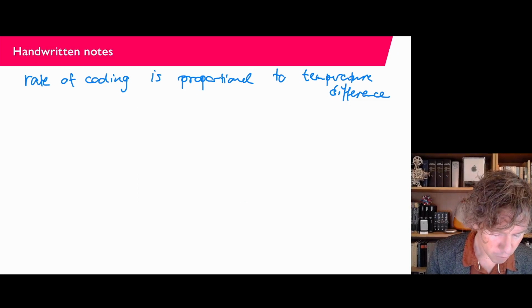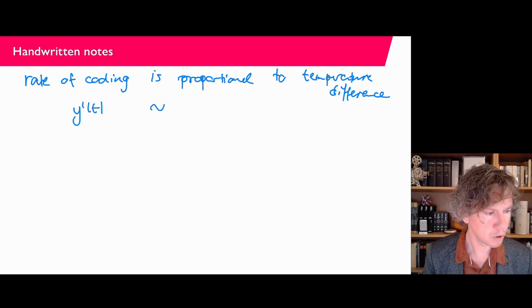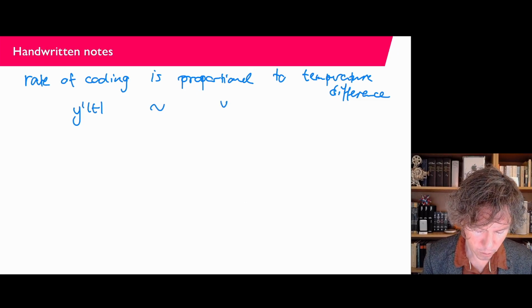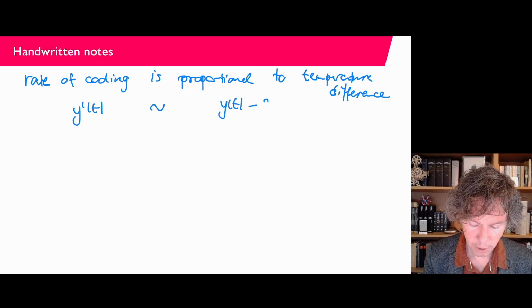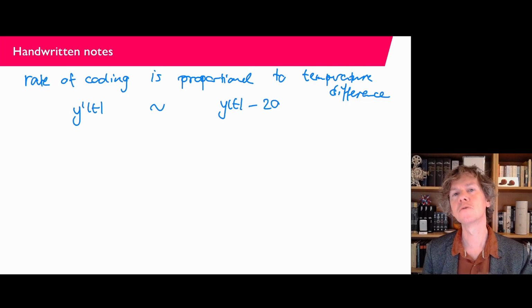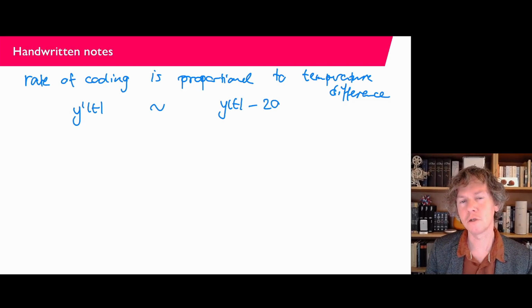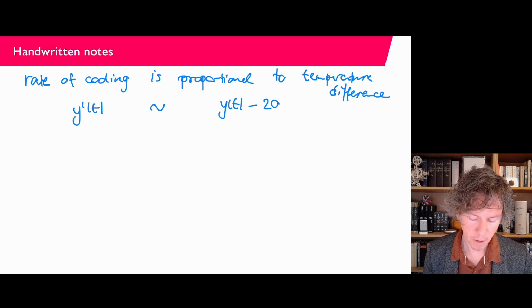So in the formula, the rate of cooling, y prime of t, is proportional to, we write that with this symbol, y(t) minus 20. I'm going to assume that the coffee temperature y of t is bigger than 20, and then y(t) minus 20 is positive.